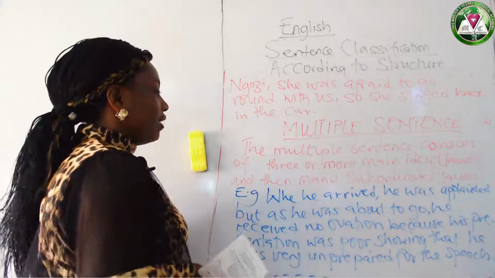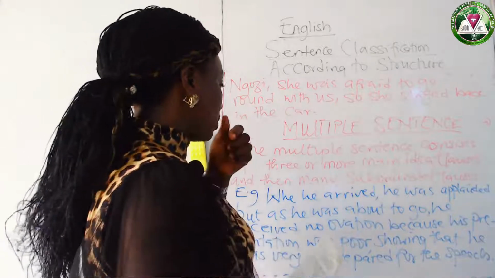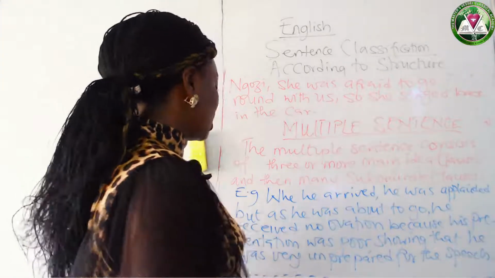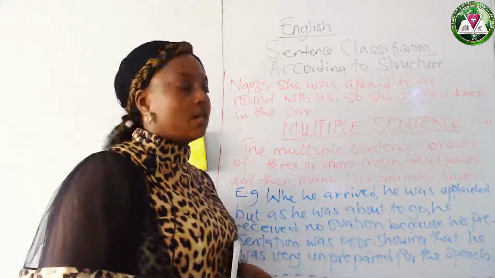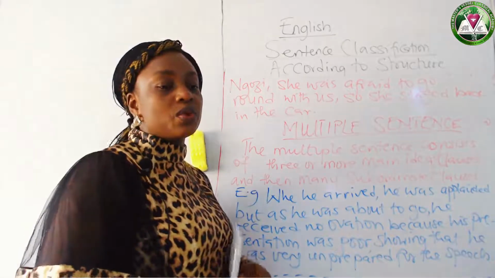Okay, when he arrived, he was applauded but as he was about to go, he received no ovation because his presentation was poor, showing that he was very unprepared for the speech. So we have an example of a multiple sentence.